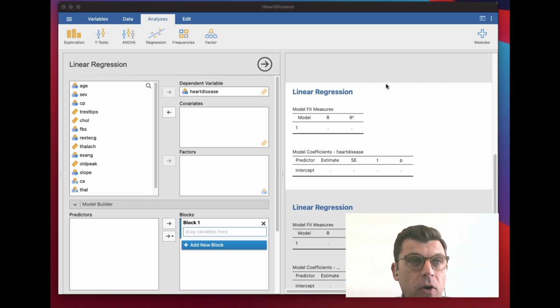It's a data set called heart disease, and it's data from individuals who were tested at a hospital for heart disease. Heart disease in this particular data set takes a range from 0 to 4, where 0 is no evidence of heart disease, and 4 is the most extreme level, with 1, 2, or 3 varying in between. That's going to be our dependent variable.